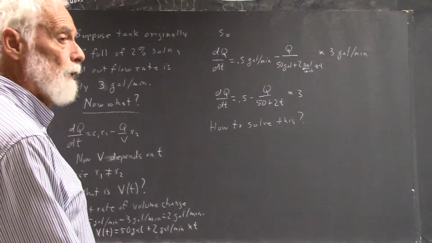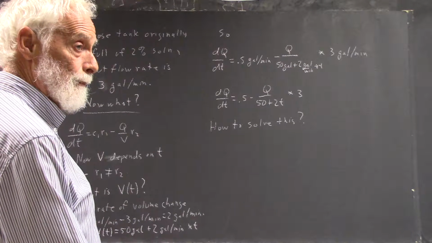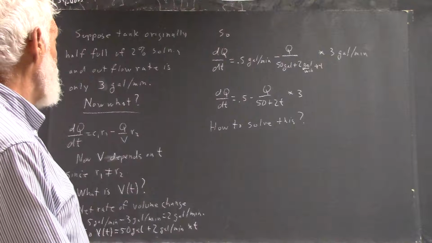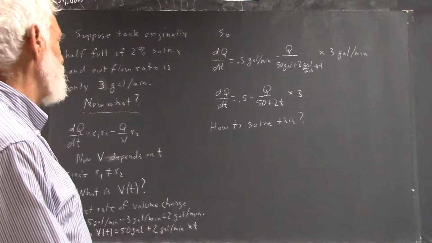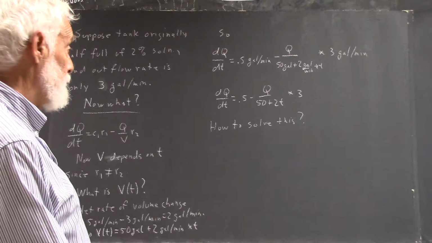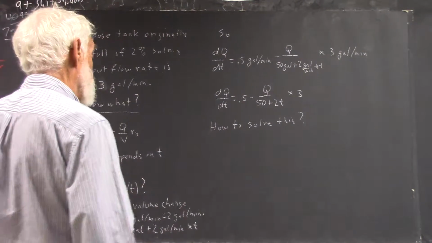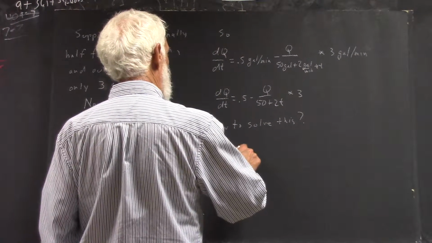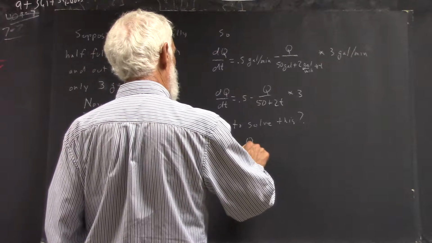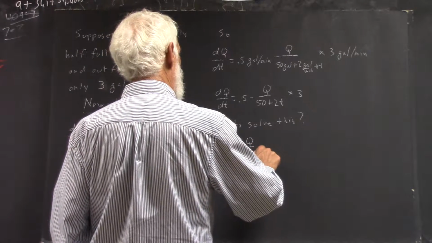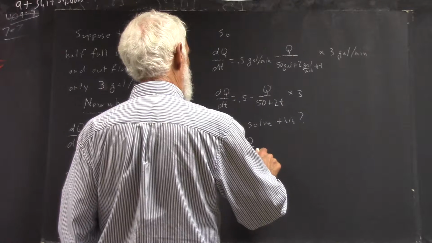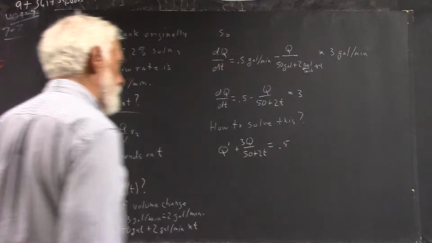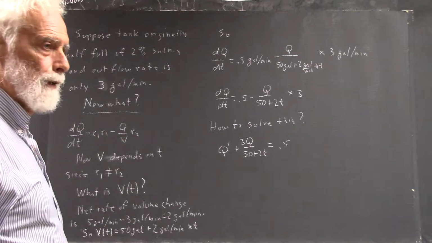The equation is no longer separable, but actually it's linear in Q. So you've got Q prime plus this equals this. How do you solve this?